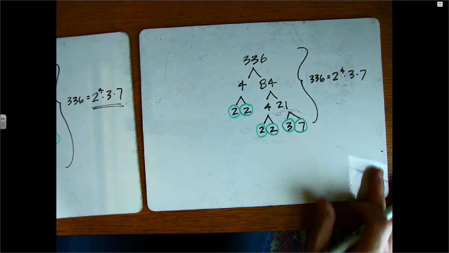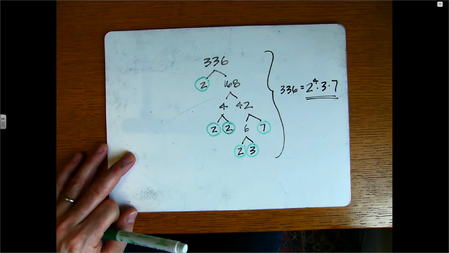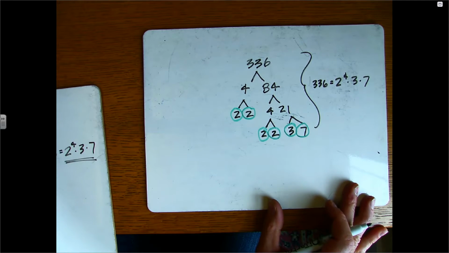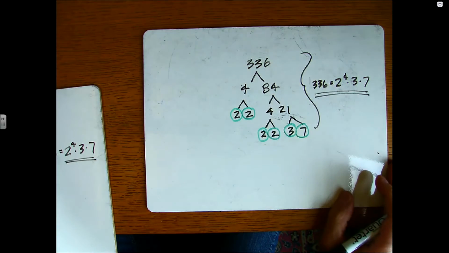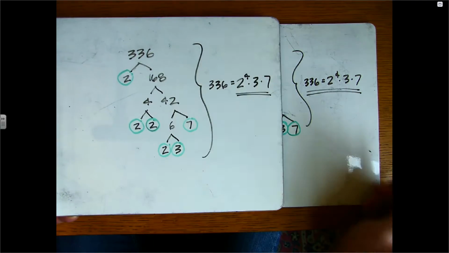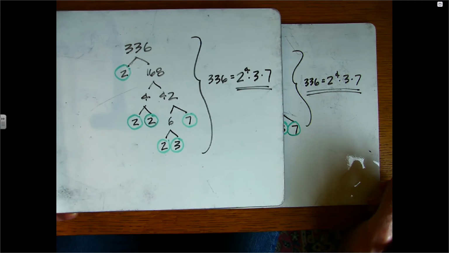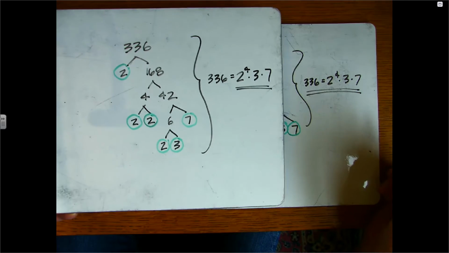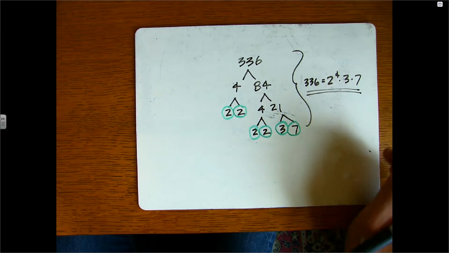I don't know if you noticed this, but of course the factor tree looks very different here because I started with a 2 and a 168, and here I started with a 4 and an 84. What's important for you to realize is that this prime factorization is unique. In other words, we get to the exact same spot in terms of the final factorization in prime form. So that's a real powerful tool, and we'll see in a bit what that gives us.